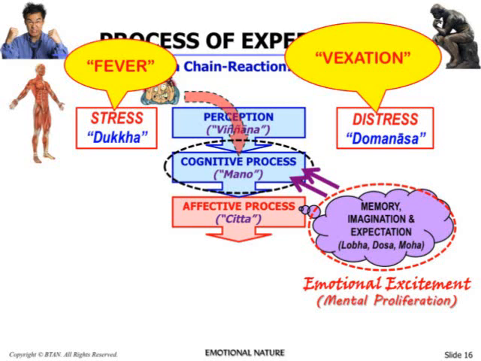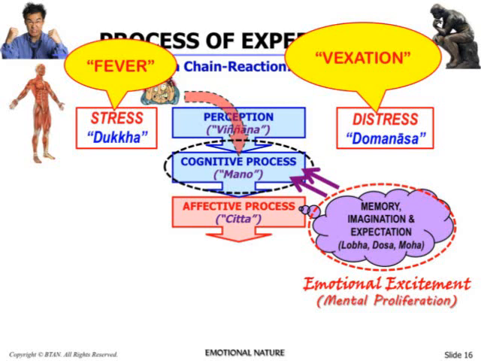He used two words: fever to refer to the physiological disturbance, vexation to refer to the mental disturbance, the distress or domanassa. Right? Domanassa is basically the condition of what has happened, whereas the vexation is actually the way it was happening, that the mind was disturbed.